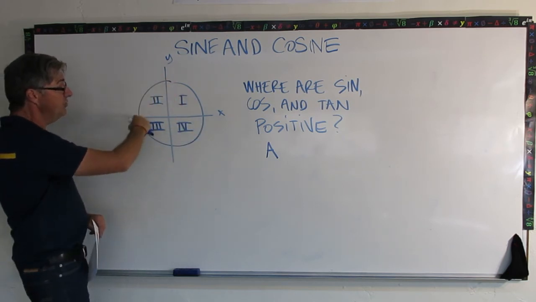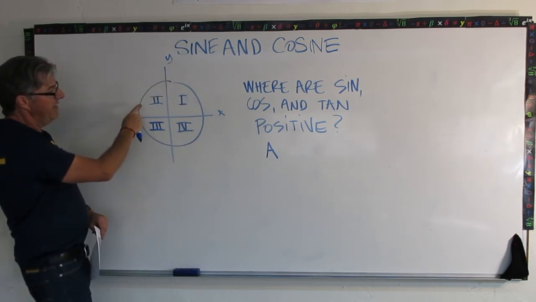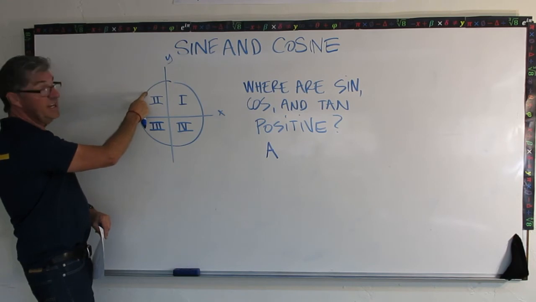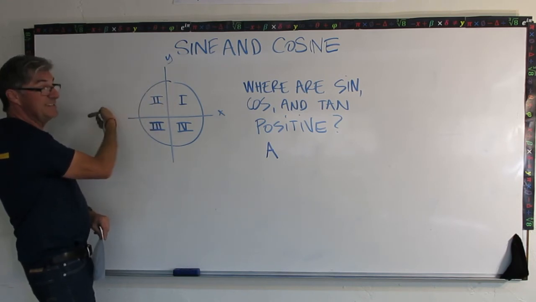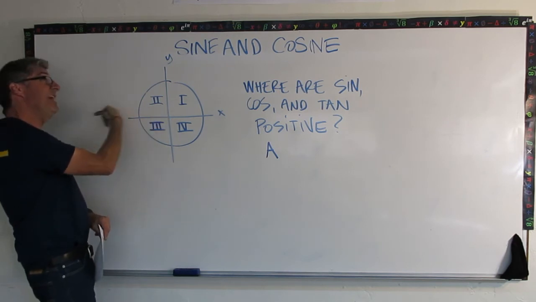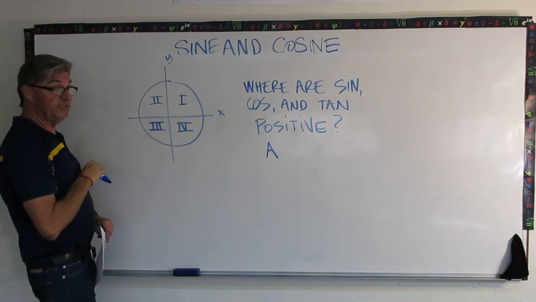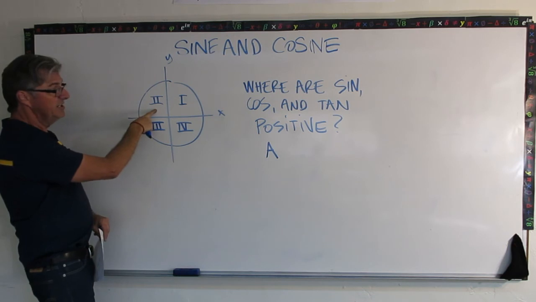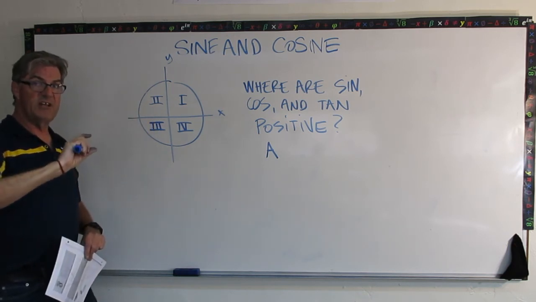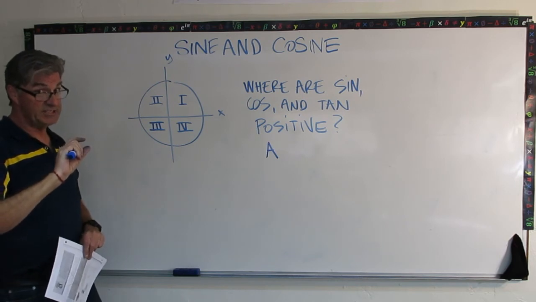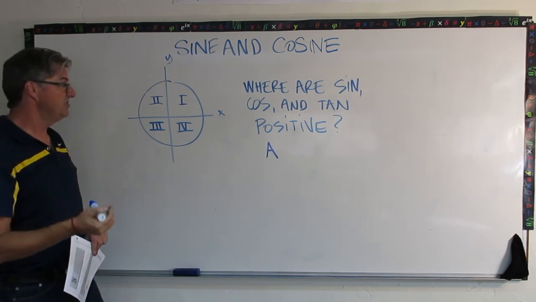In quadrant 2, we know that sine is positive because it's above the x-axis, but cosine is negative because it's to the left of the y-axis. So here, only sine is positive. If sine and cosine have different signs, then you know that tangent is negative.